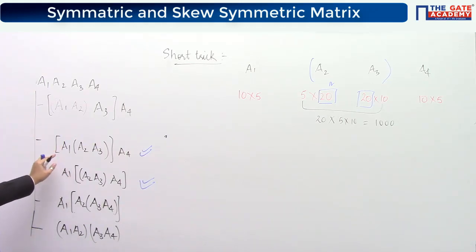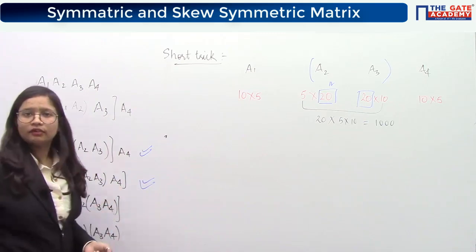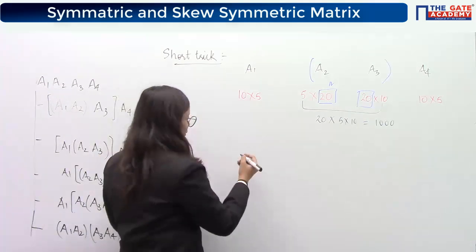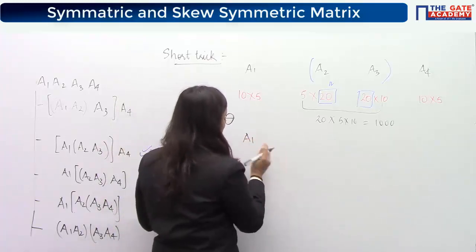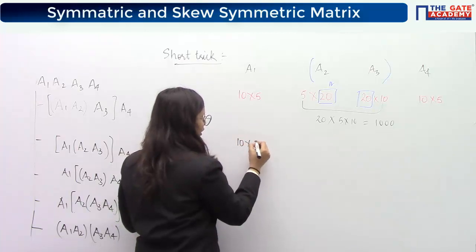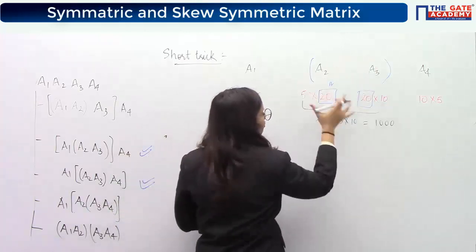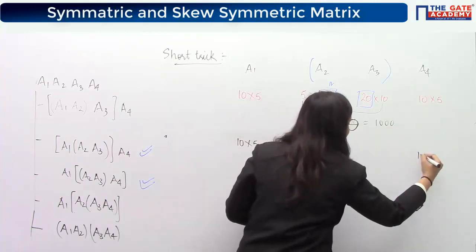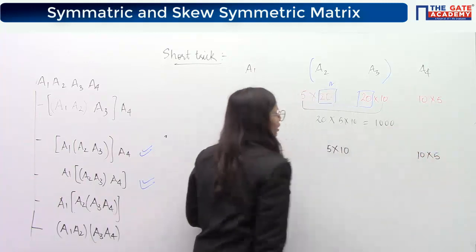Now, for checking whether I should multiply a1 or a4 first, again we will repeat the same steps. Same steps means, again I'll write down just the orders: this matrix has an order of 10 cross 5, this product matrix has an order of 5 cross 10, and a4 has an order of 10 cross 5.